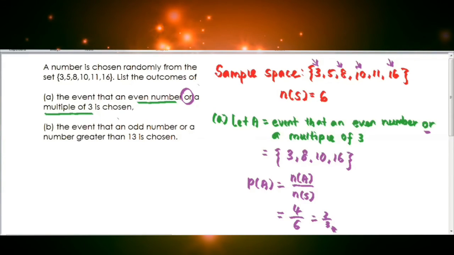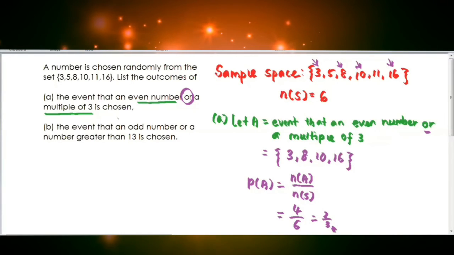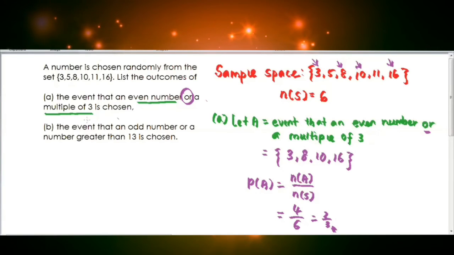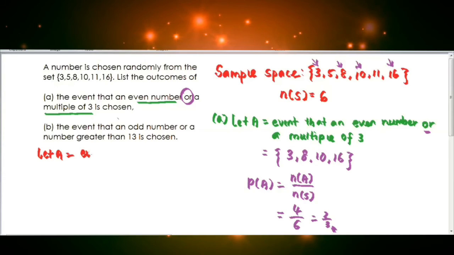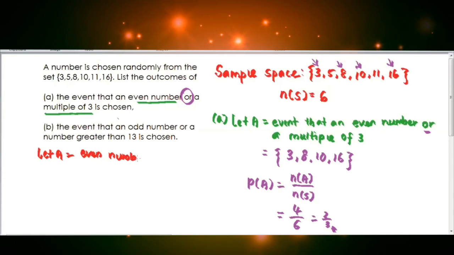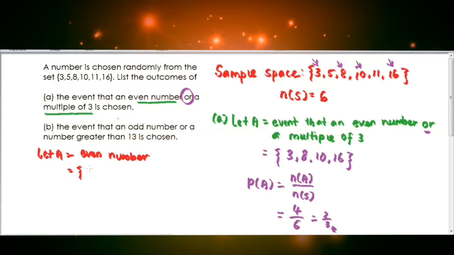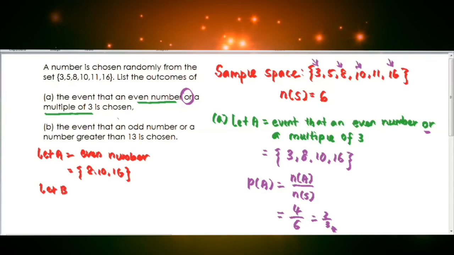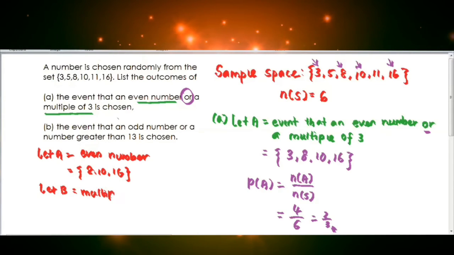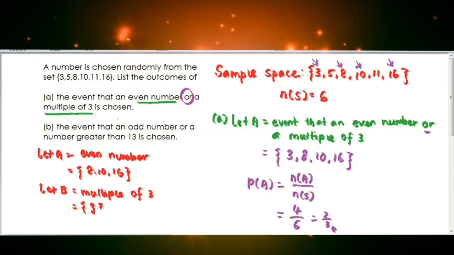For another method, we can find the answer like this. Let A be the event of an even number, which in notation form is 8, 10, and 16. Let B be the event of a multiple of 3, which in notation form is 3.